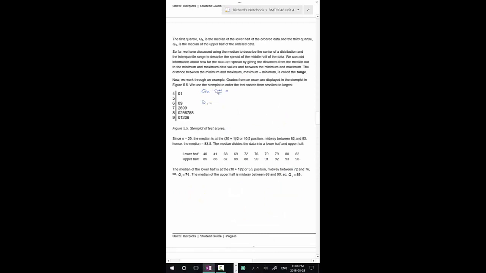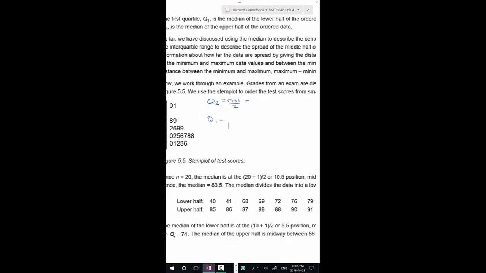Right. So let's say we have some grades in an exam that are displayed in a stem plot. And these grades are, well, there's 20 of them. So I want to find the position of the median, the second quartile. Well, that's going to be given by (n + 1) / 2.